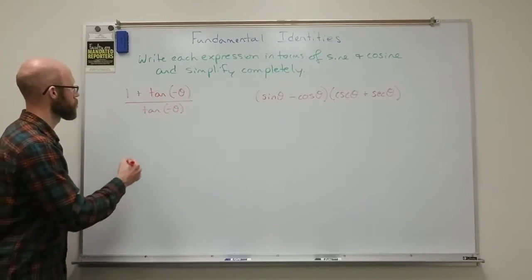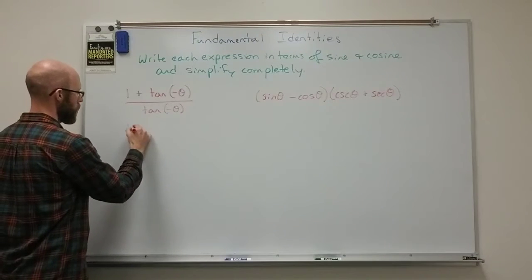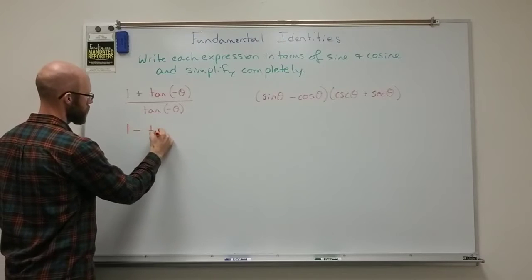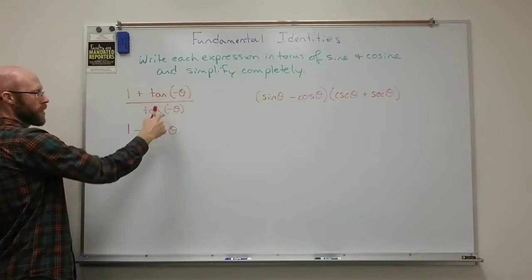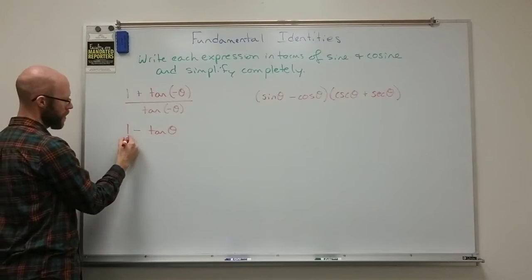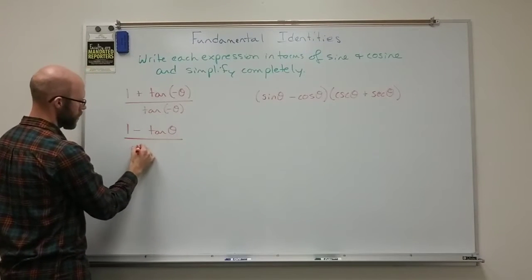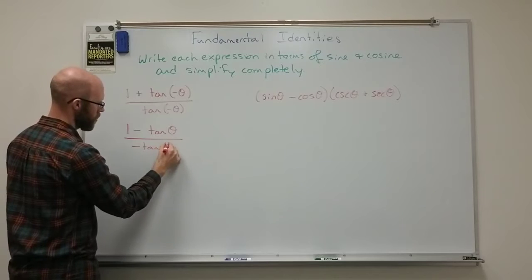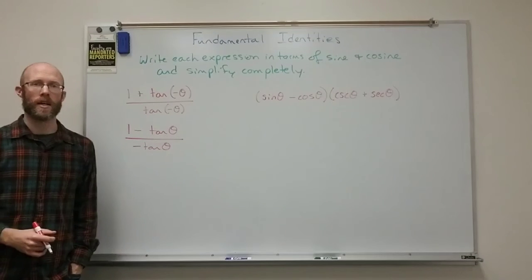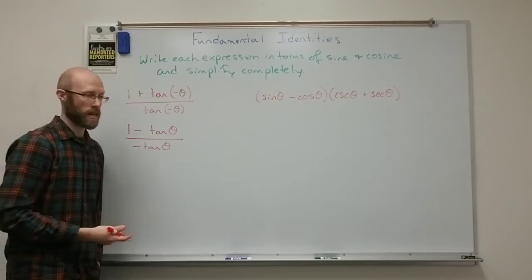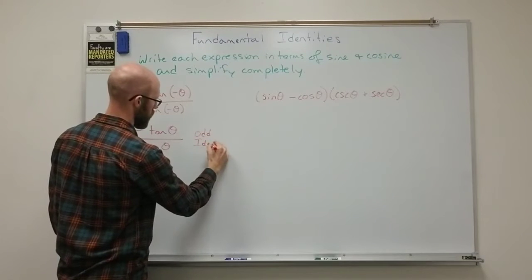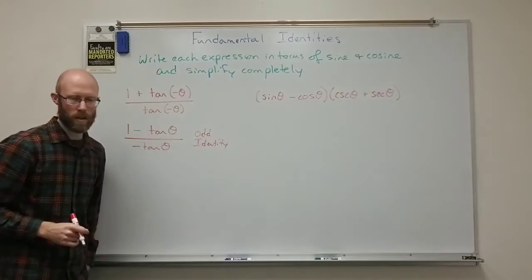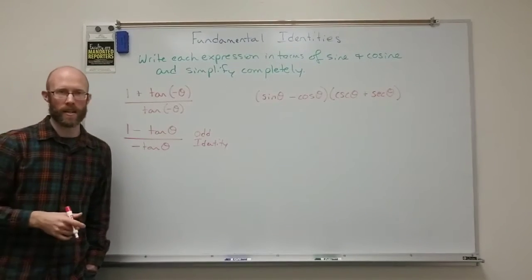So I would write it this way, 1 minus the tangent of theta over the negative tangent of theta. So that's using an odd identity, one of our odd-even identities.